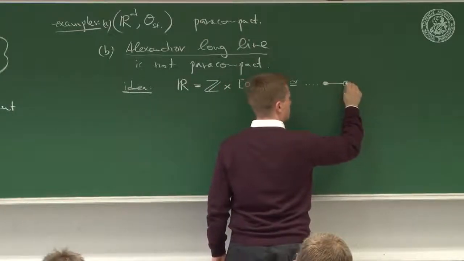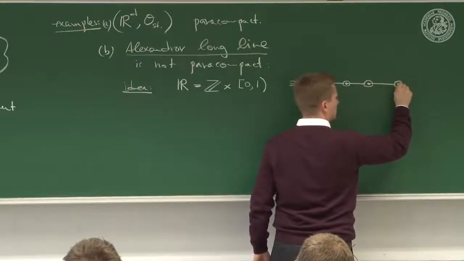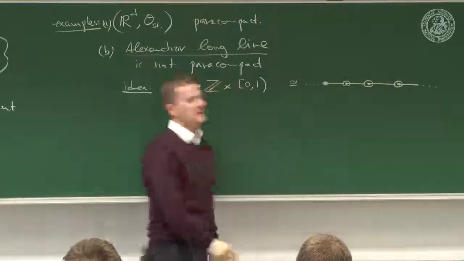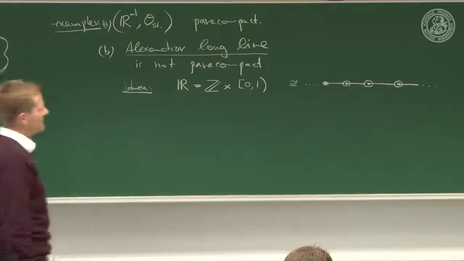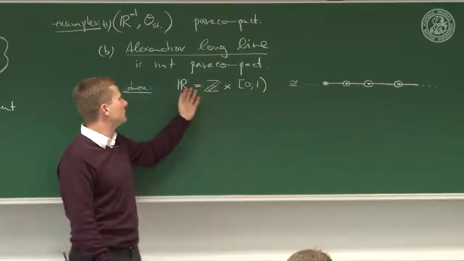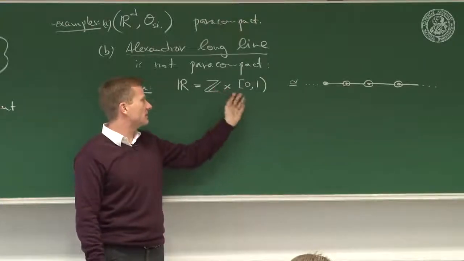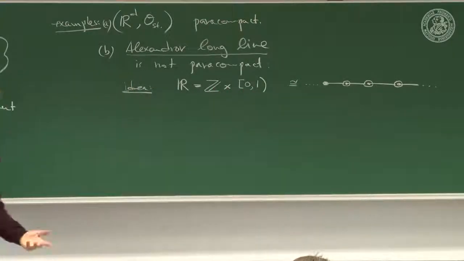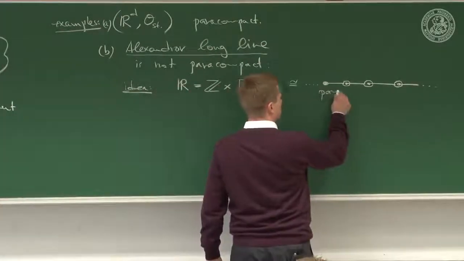This one eats again that one, this one eats again that one, and so on. So you take a ruler and always put one ruler next to the other, and you recover the whole real line. So the real line is kind of like a countable product of this interval. That's the real line, and that's paracompact. That we already saw.